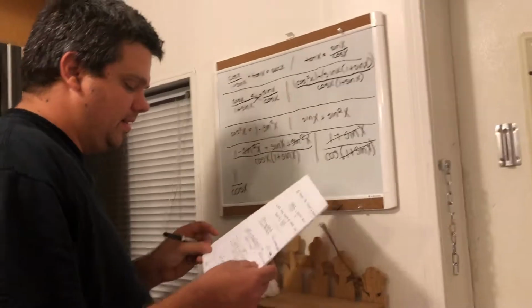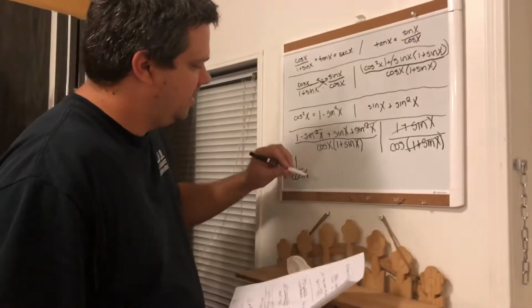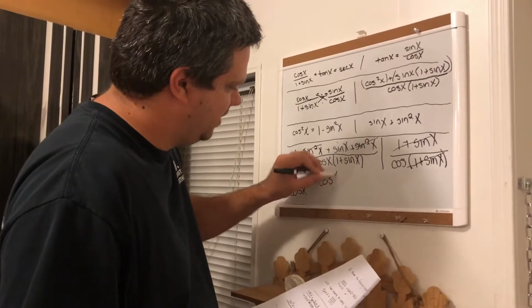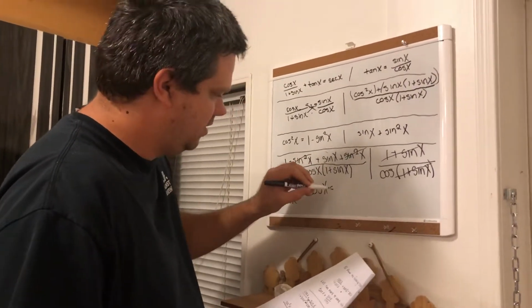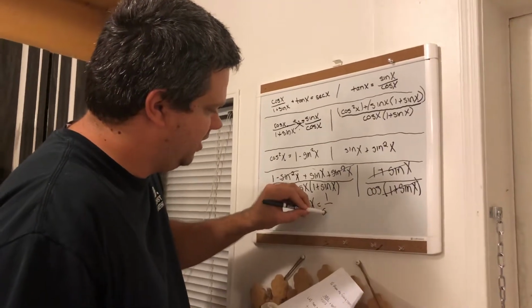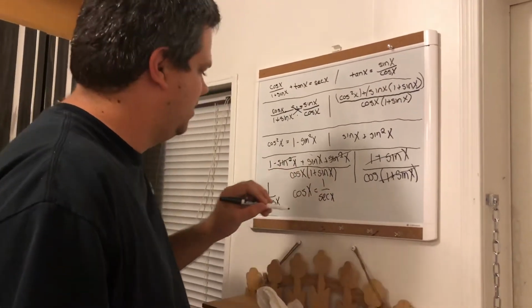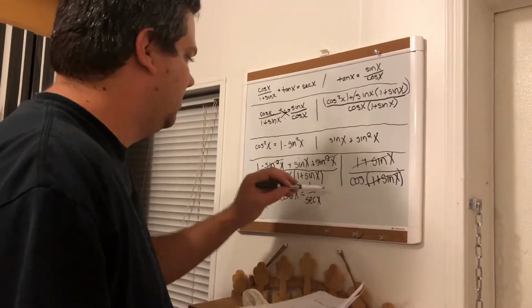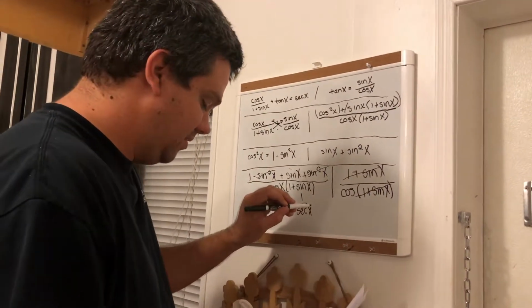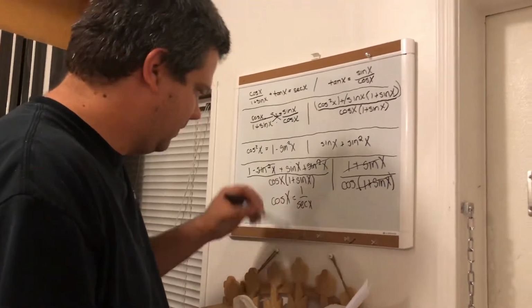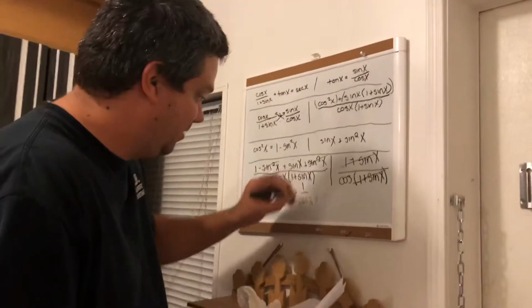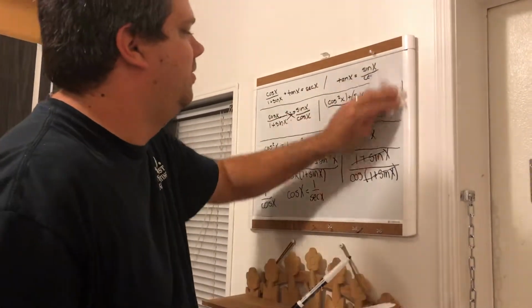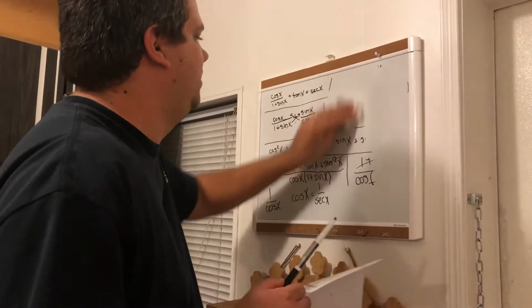And from here, we know that the cosine of x equals 1 over the secant of x.